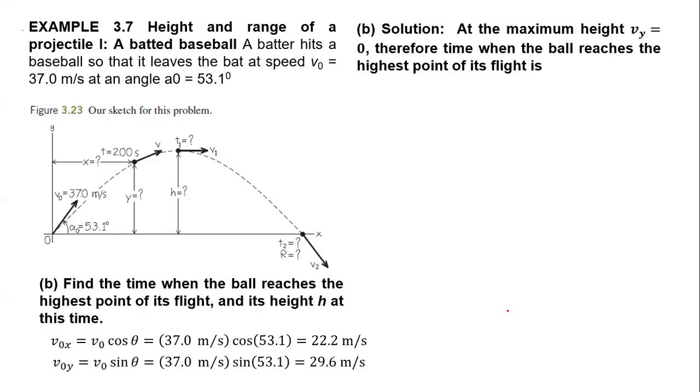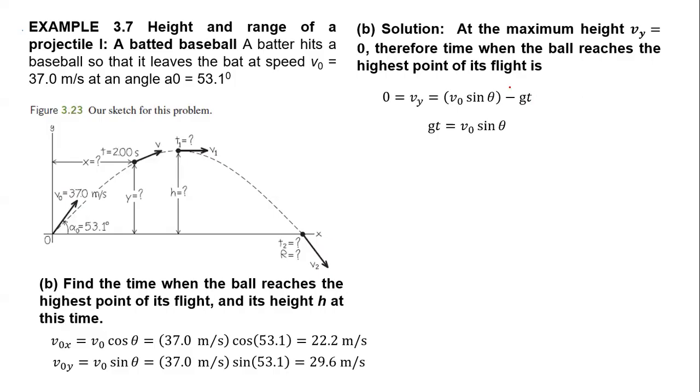Okay. So at the maximum height, we know that the y component of the velocity is 0. Therefore, the time when the ball reaches the highest point of its flight is found by equating vy to 0, then you use this equation and solve for t.